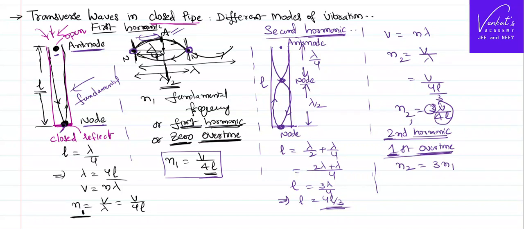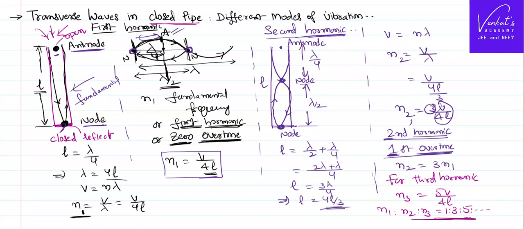If you continue writing it for a third harmonic, I'm not deriving it now because we can do that later. N3 can be written like 5V by 4L. So the ratio of N1 to N2 to N3 is 1 is to 3 is to 5 and so on in a closed pipe.